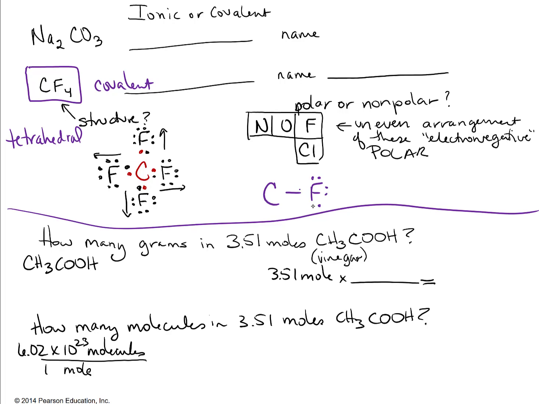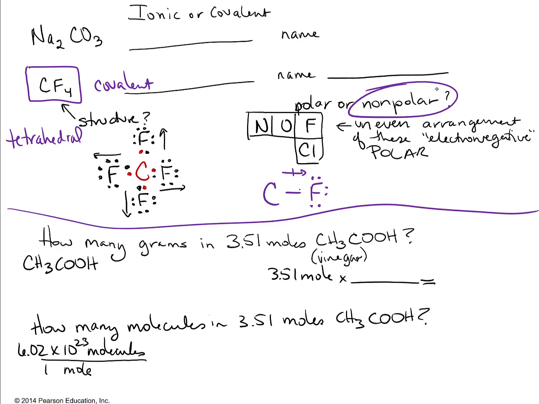But when you look at that molecule, can you see how it looks like the fluorines are evenly spread apart? So even though it has those really electronegative fluorines, because they're evenly arranged, it's a non-polar molecule. So if you have no electronegatives, or if you have electronegatives that are evenly spread apart, that is going to make it non-polar.